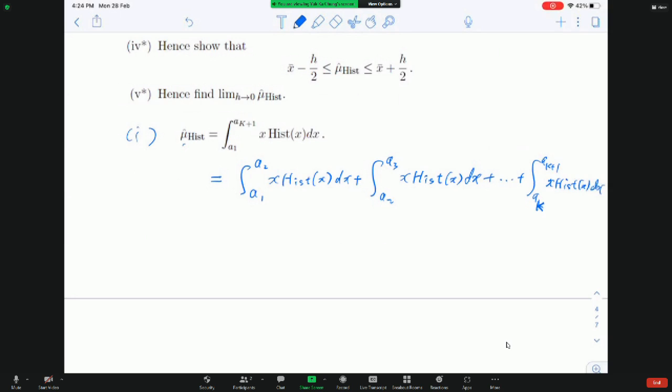An integral can be partitioned into the sum of integrals over the subintervals. This is a feature of integration. Now, we can simplify this into summation form.